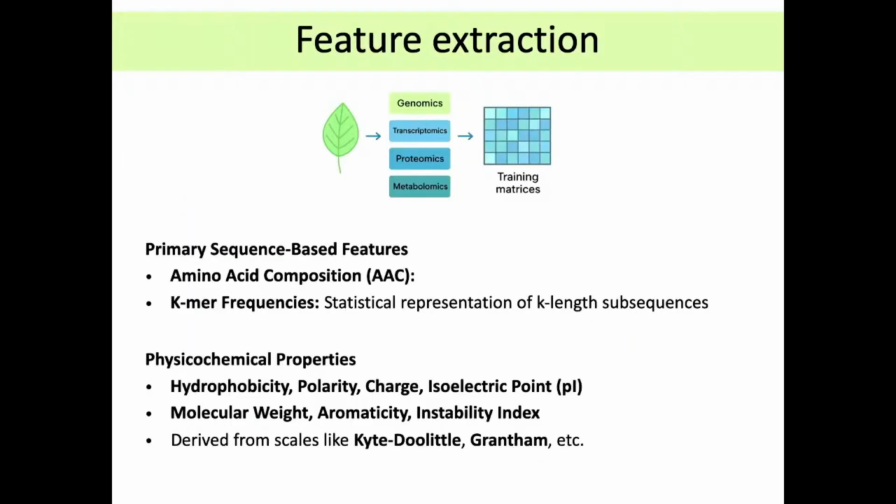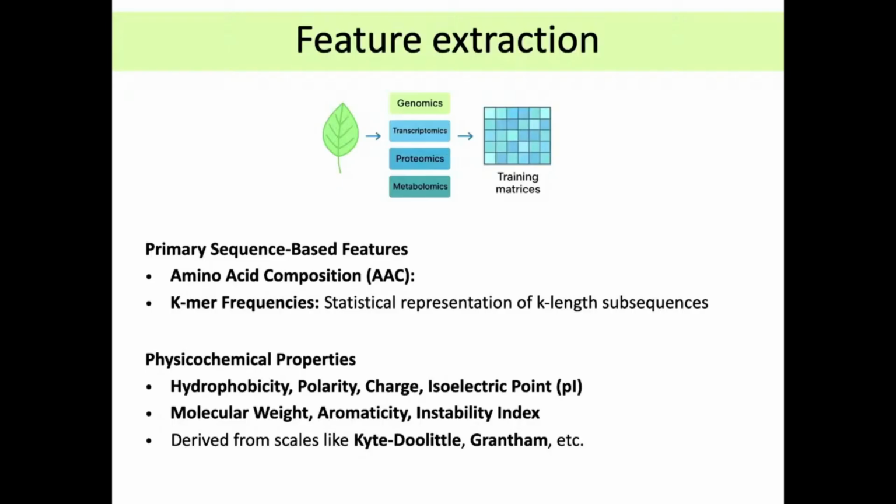When we have the data, the first thing is feature extraction. What I'll be explaining is based on protein sequence, that is, amino acid sequence data. The features that we can extract from the amino acid sequence data are amino acid composition and k-mer frequencies. This is basically to convert the sequence data to numerical data.